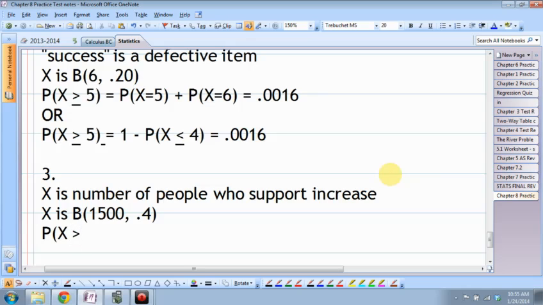So X is greater than 650. In this case, you're kind of forced. You don't really want to list all the possibilities between 650 and 1,500. So you kind of have to know what this is. So the complement of this set, would the complement include 650 or not include 650? I think it would include 650. 650 is not included here, so it must be in the complement.